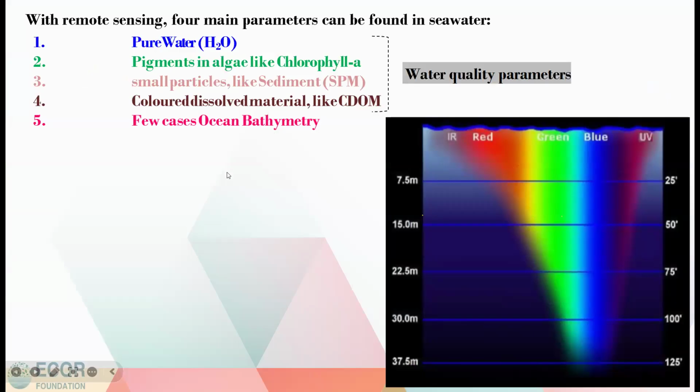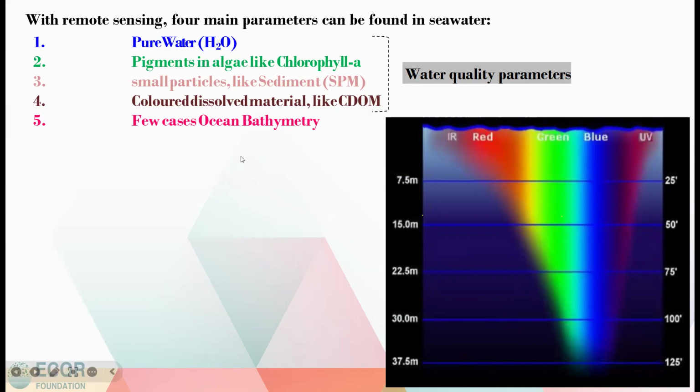So with remote sensing, four important parameters can be found in seawater. One is the pure water molecule, that is H2O. Another is pigments in algae, like chlorophyll A pigments. Small particles like sediment, like SPM, that is suspended particulate matter. And colored dissolved materials like CDOM. CDOM is nothing but chromophoric dissolved organic matter.